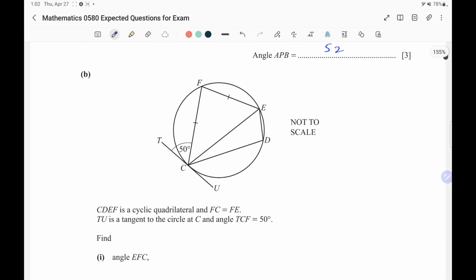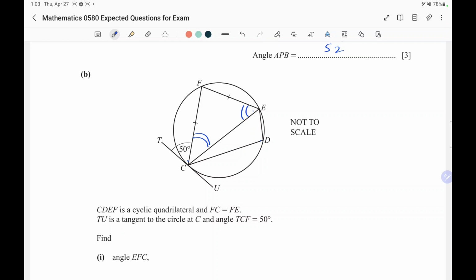Now part B says CDEF is a cyclic quadrilateral where FC equals FE. Since FC equals FE, this angle must be equal to this angle. Now come to the next information.